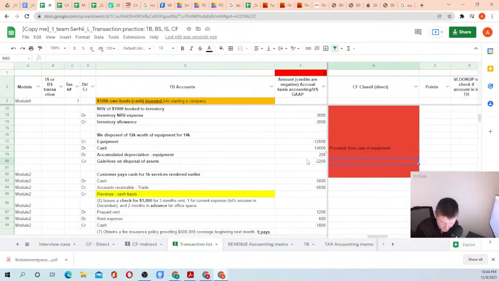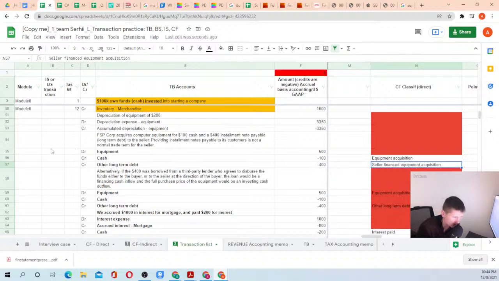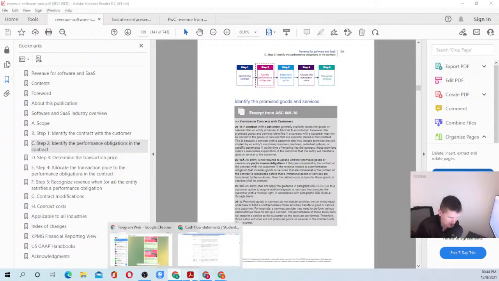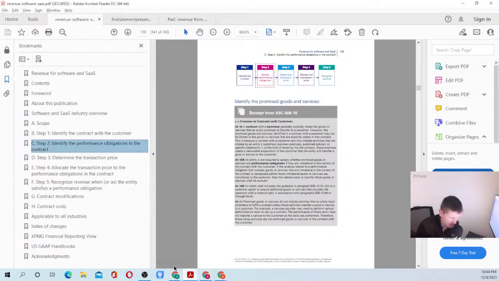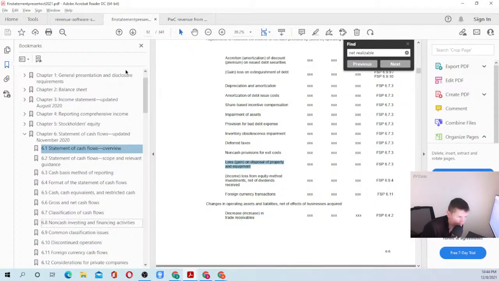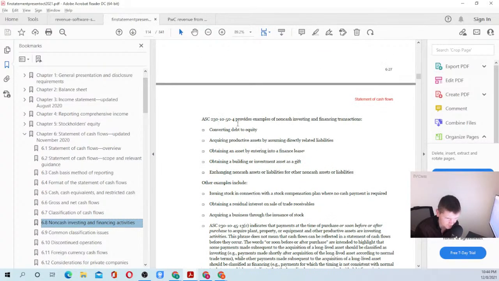And proceeds from sale, interest paid, equipment, seller financed equipment acquisition. So that's part of the homework. You can find it in the standard. In the standards, we have non-cash investing and financing activity in the guidance.